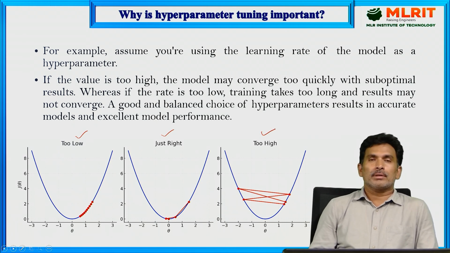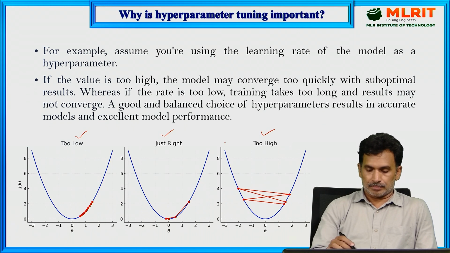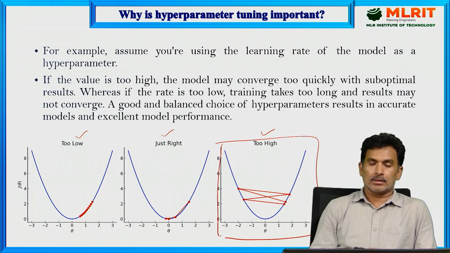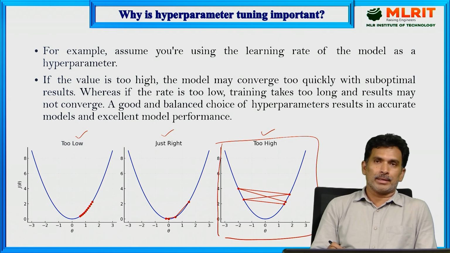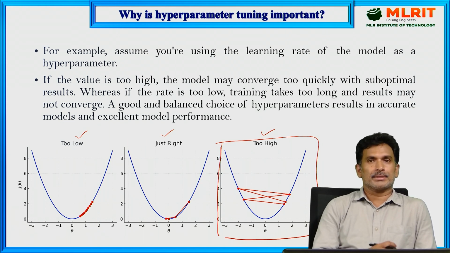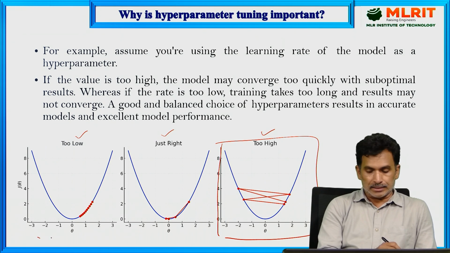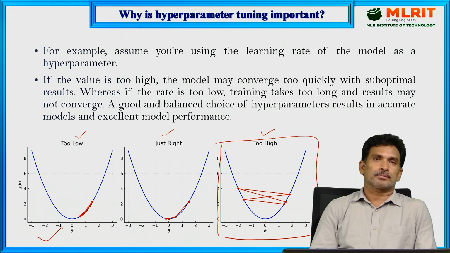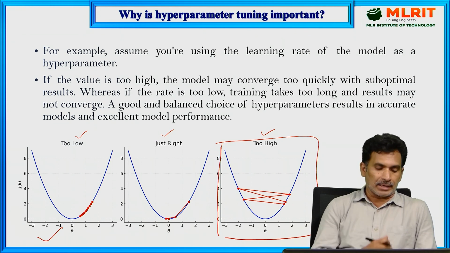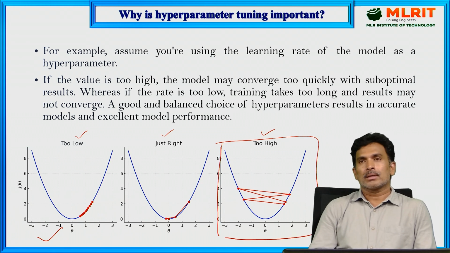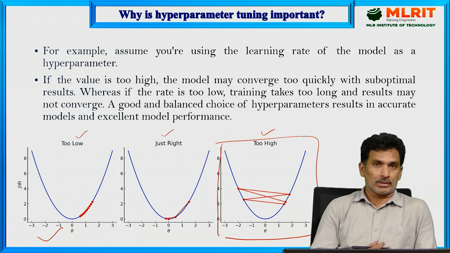If the learning rate is too high, as in this plot, the model may converge too quickly with suboptimal results. Whereas if the learning rate is too low, as in the left side image, the training takes too long and the results may not converge.